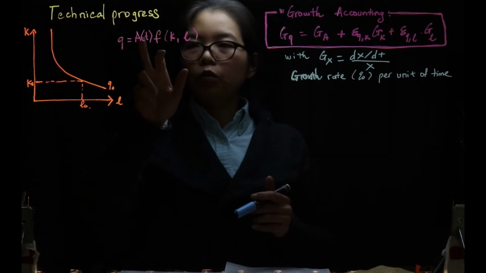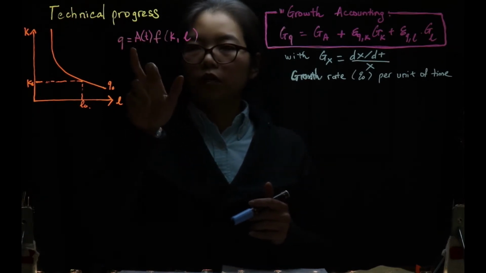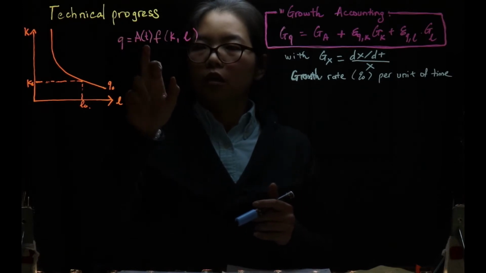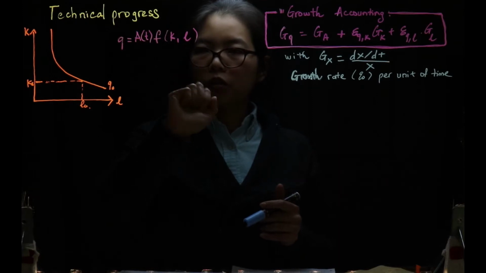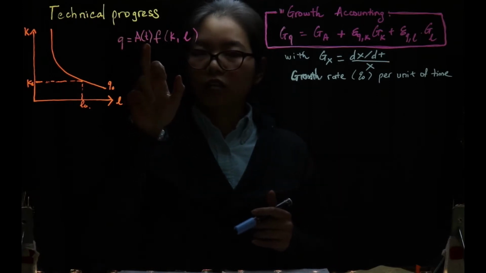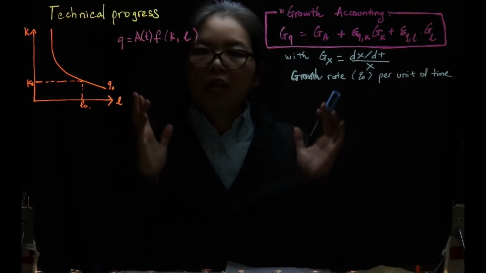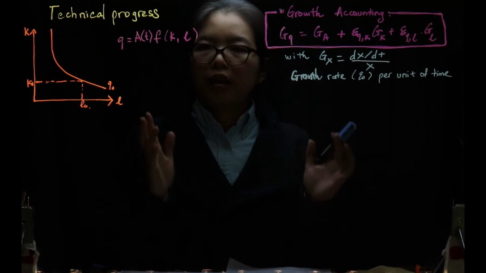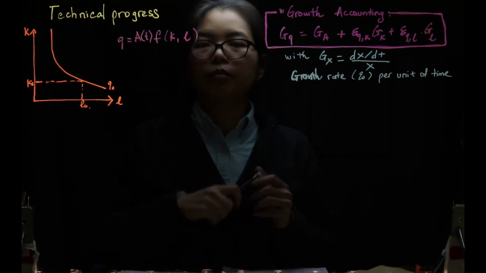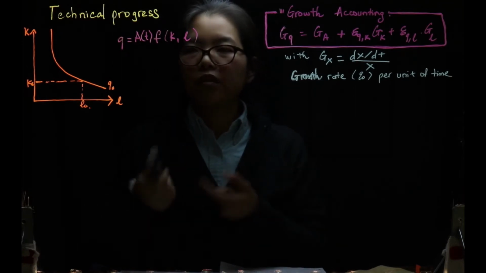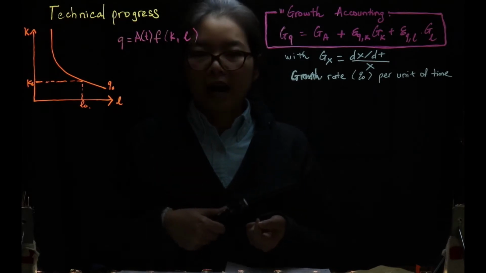So let's say we want to model that technical progress. First of all, look at this production function. So apart from the function of K and L, capital and labor, we also have a factor A, which accounts for every other thing that influences the output quantity apart from K and L. And this factor often evolves or changes over time.